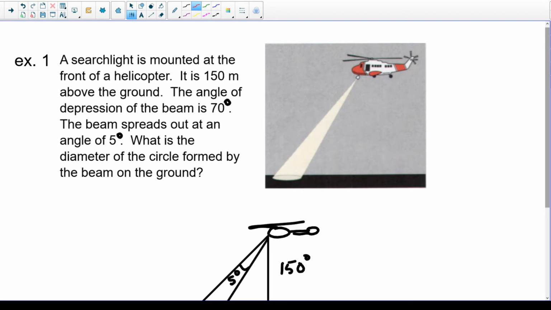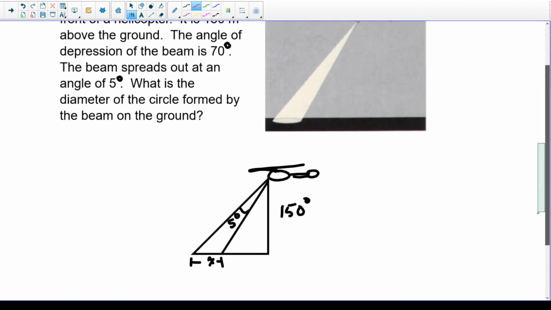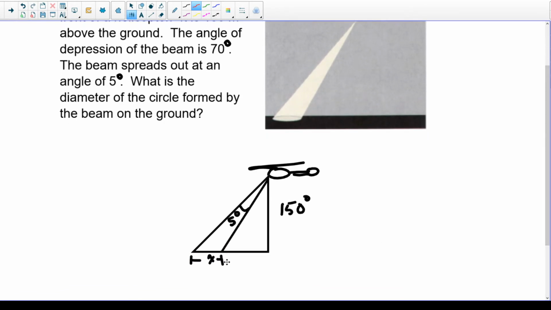They're giving you the angle of depression of the beam. Do you know where to draw it? That's what I was preparing you for on the previous slide. We want to know how the beam spreads out at the bottom. So I redrew the picture here just to be able to label it a little cleaner.